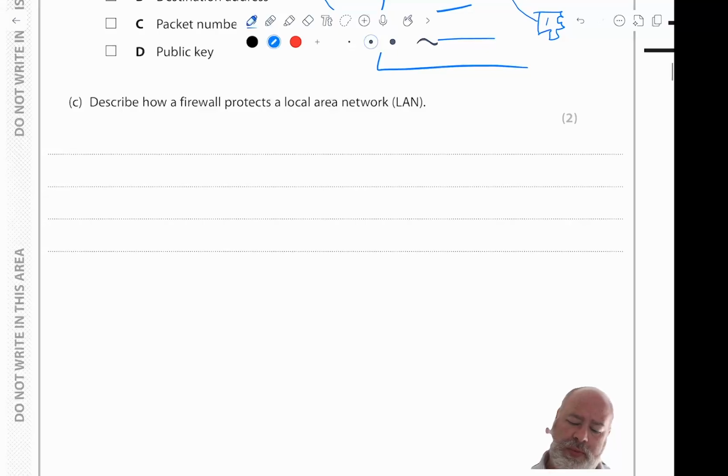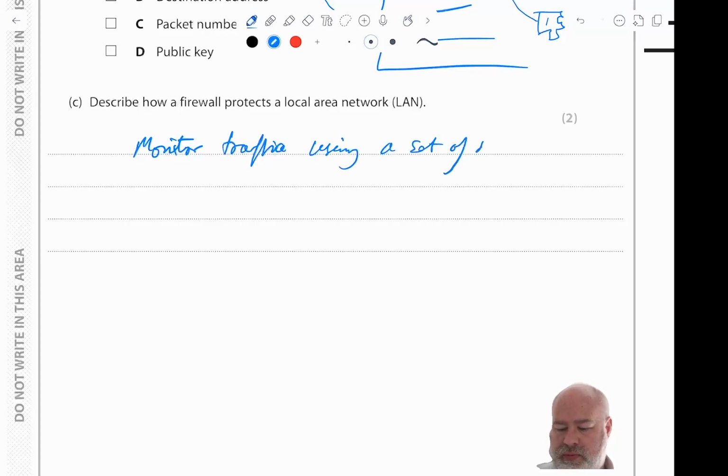Describe how a firewall protects local area networks. Well, firewalls monitor traffic all the time, they're constantly on, and they use a set of rules.